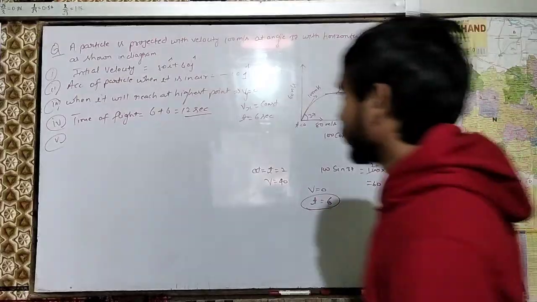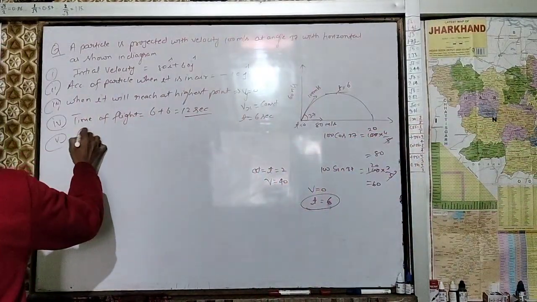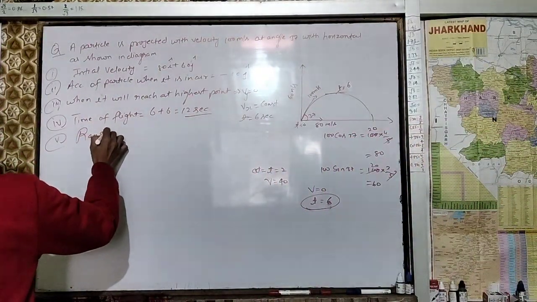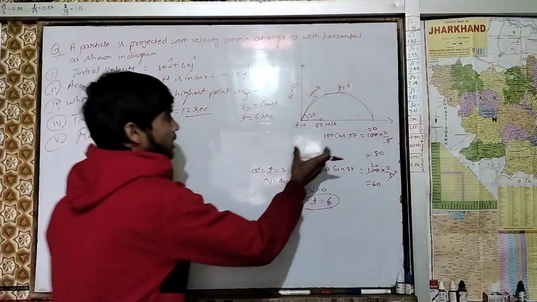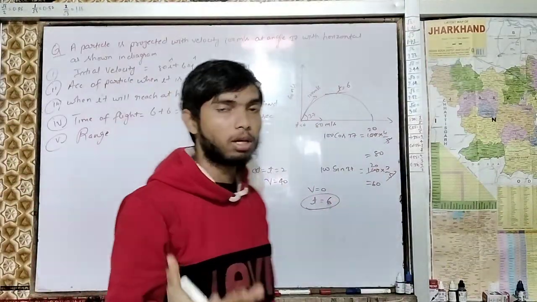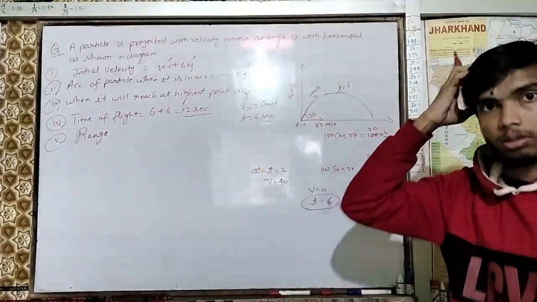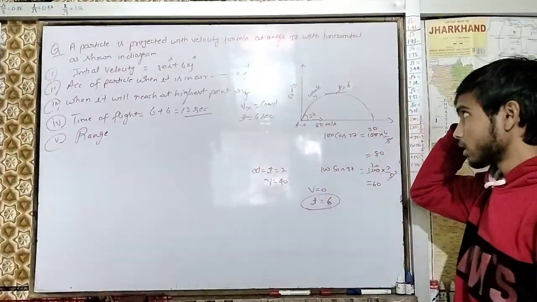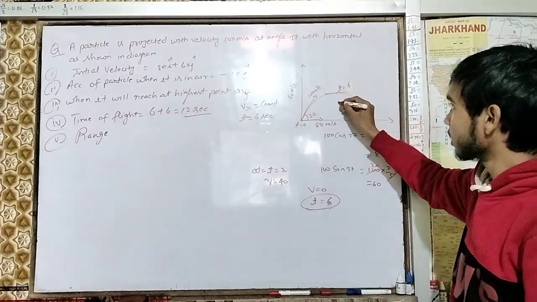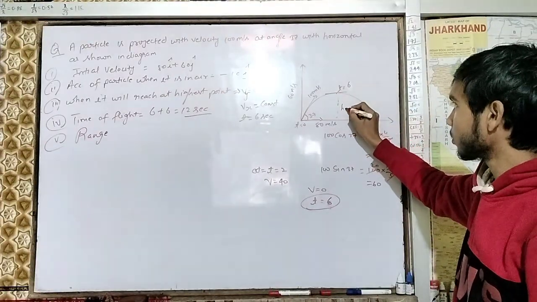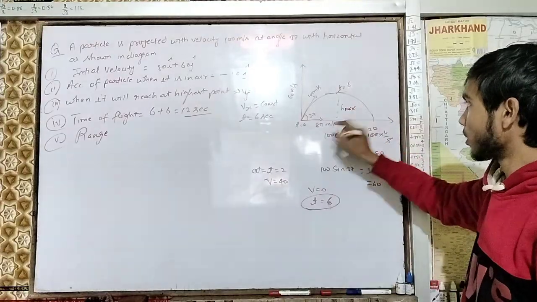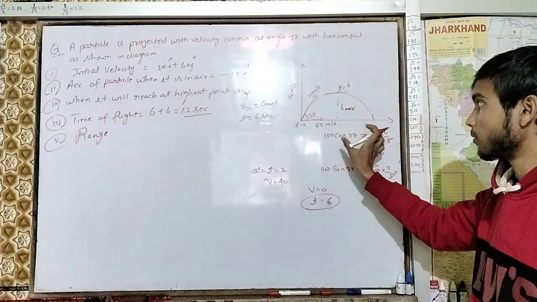Now next, fifth: range. When it comes to range, we are crystal clear about it. Range is nothing but the displacement of horizontal, not the displacement of vertical. For the displacement of vertical, we consider it as height, maximum height. But when it comes to horizontal, we ask what is the range.